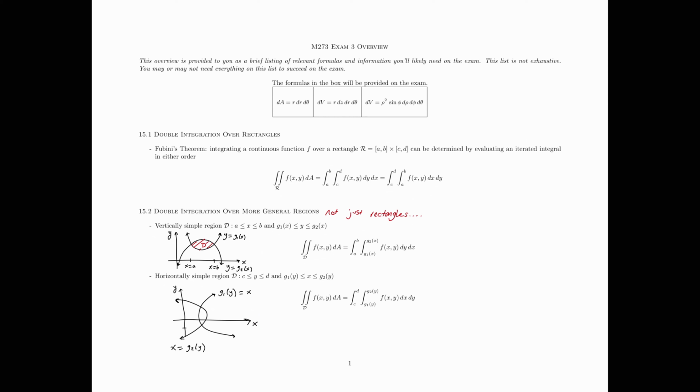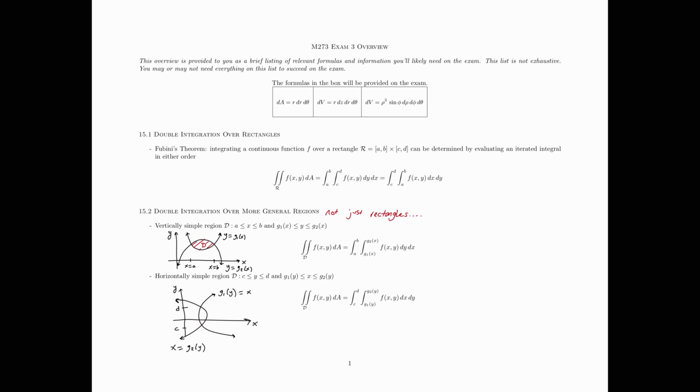Then this is from c to d. So you just look at the smallest and largest y value. So you get your y constants, and then we solve for x for these two equations, and report back what's the left curve and what's the right curve.